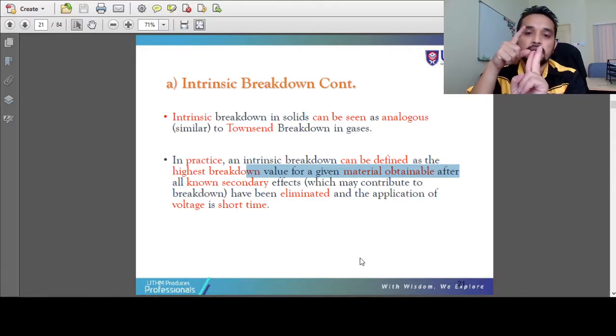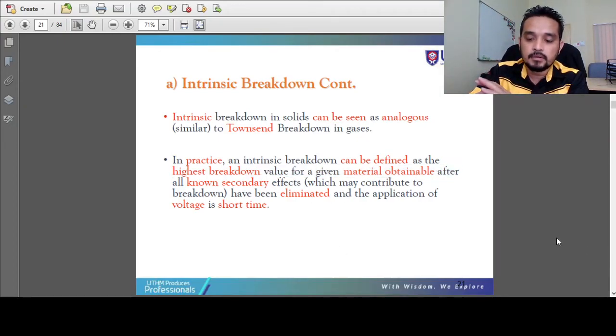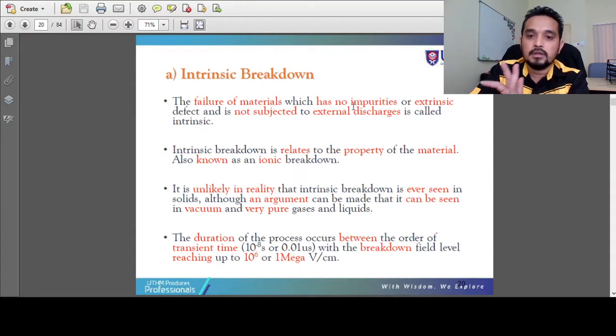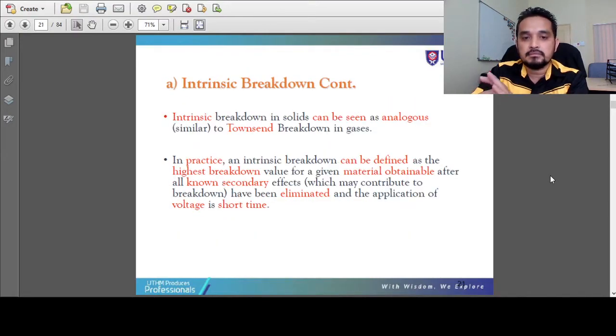There is no external defect, no external factor, no discharge activity, and no intrinsic defect. If breakdown still happens under these conditions, that is why we call it the highest breakdown value.